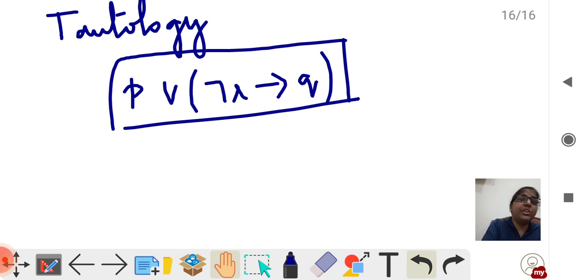What is the definition of a tautology? A compound statement is called a tautology if it is true for all the truth values.